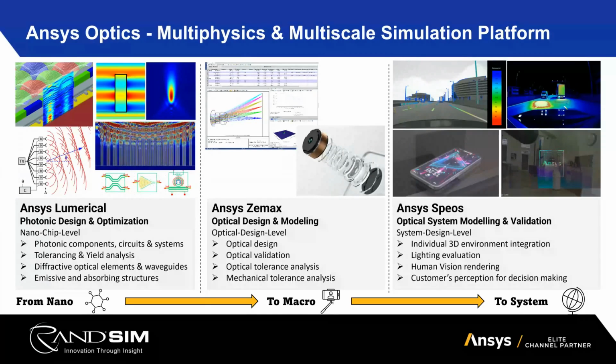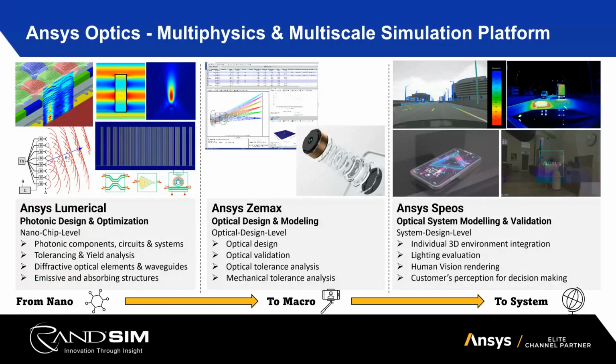We're also connecting mechanical with light here in SPEOS. It's a step above Zemax in the non-sequential realm. SPEOS is a non-sequential ray tracer, and we're able to see a lot more, especially with CAD and different light sources and human vision, but I'll get into that in just a second.